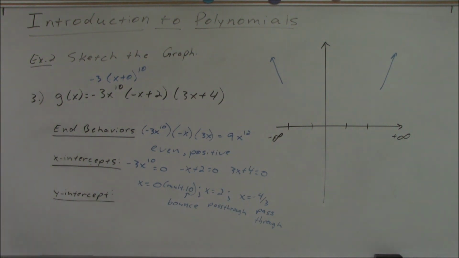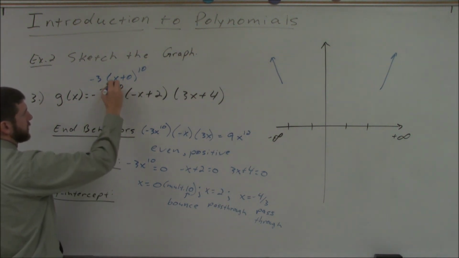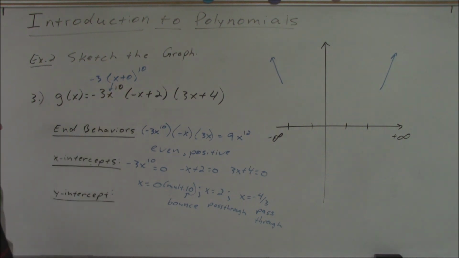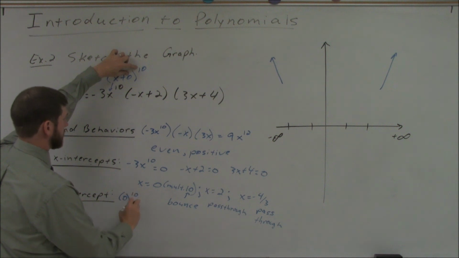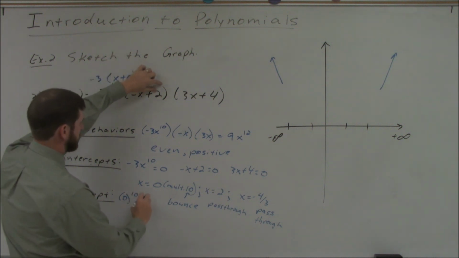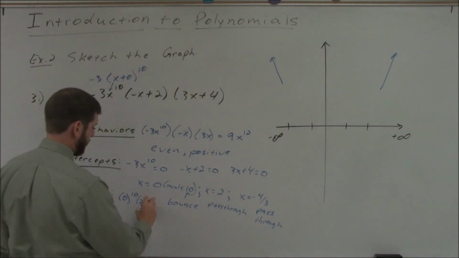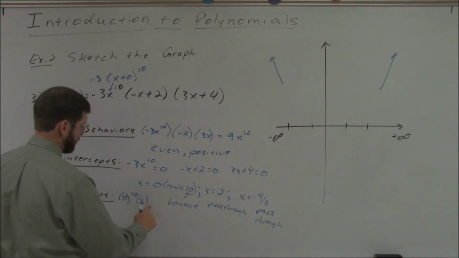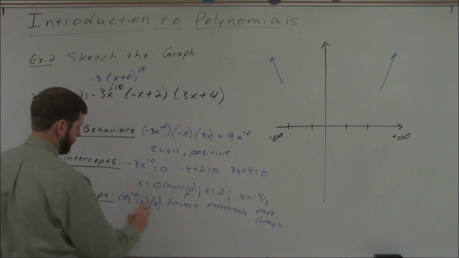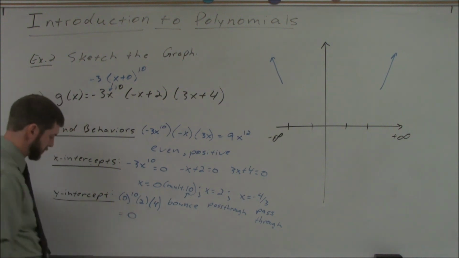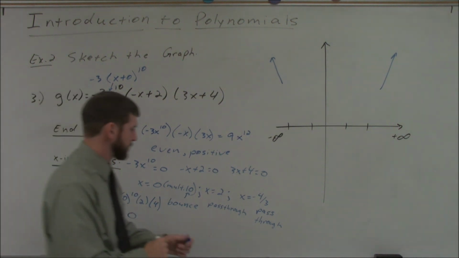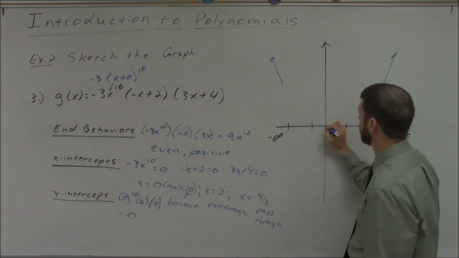So only the exponent is x plus 0 to the 10th power. So this is realistically what's going on right here. So if I take my constants, I've taken 0 to the 10th, 2 to the 1st, 4 to the 1st. So all that's times 0 is going to equal 0. So our y-intercept is going to be 0.